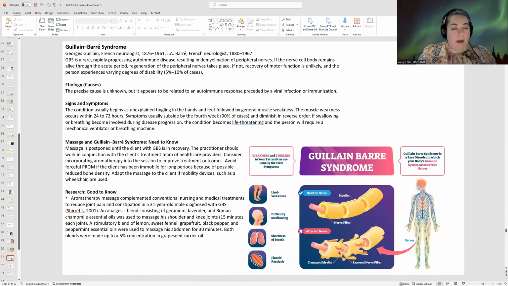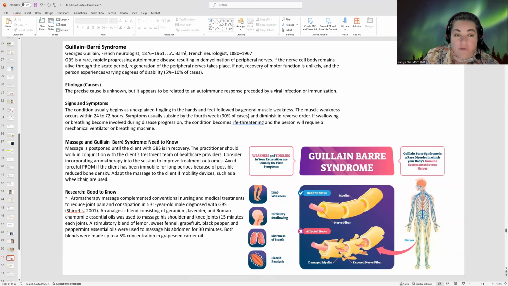All right, Guillain-Barré syndrome. Here we go. This is rare, so you should not be seeing it in the office, most likely. It's a rapidly progressing autoimmune disease resulting in demyelination of the peripheral nerves. All right, so if the nerve cell body remains alive through the acute period, this is cool because this isn't like the central nervous system.